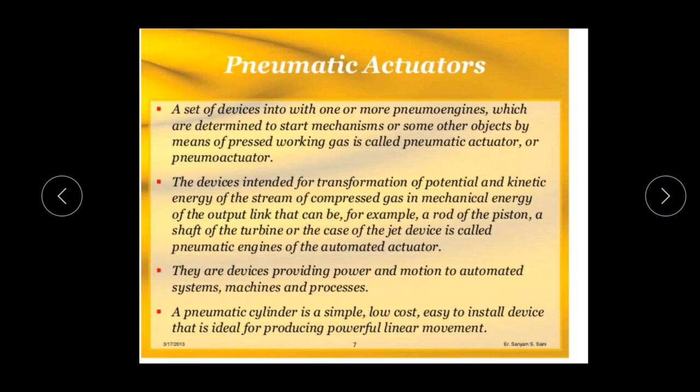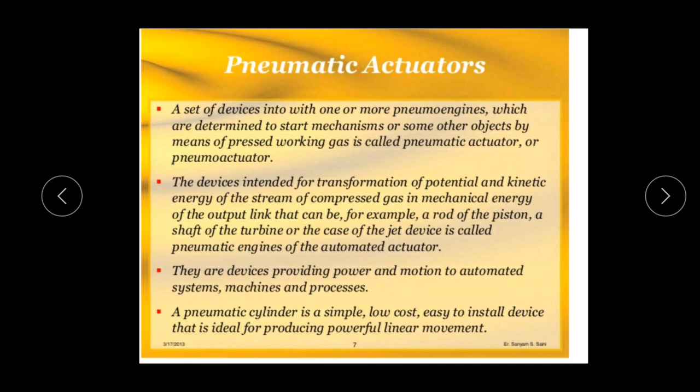A set of devices containing one or more pneumo engines, which are intended to start the mechanisms or some other objects by means of pressured working gas, is called a pneumatic actuator or pneumo actuator.